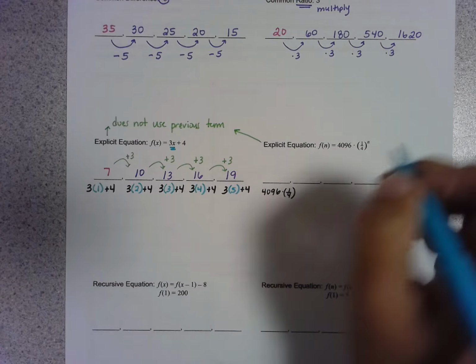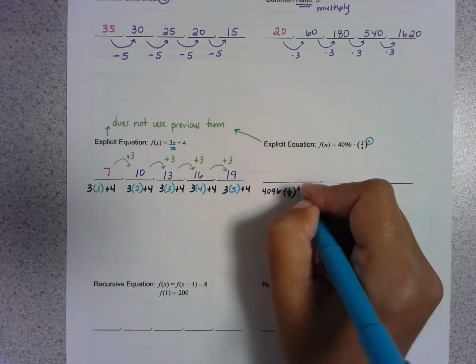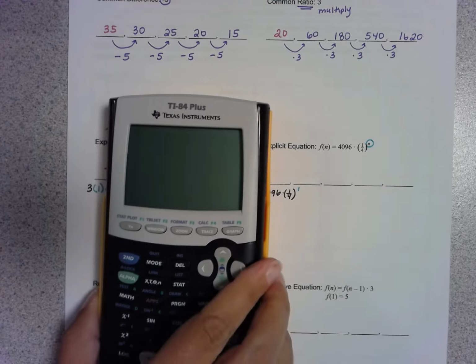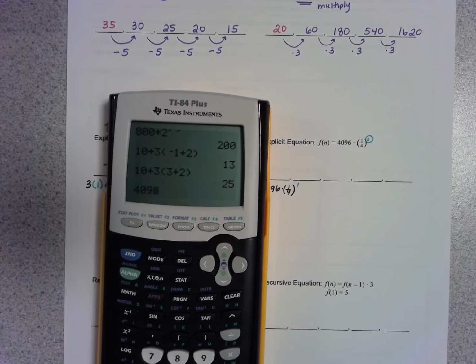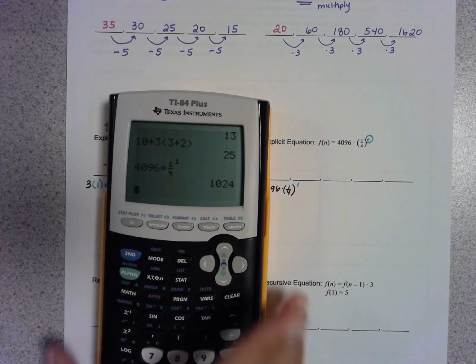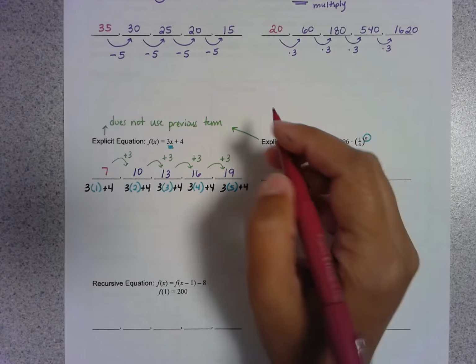And first, I'm going to plug in the number 1 here, which if I type that into my calculator, I'm going to have 4096 times 1/4 to the power of 1, which is 1024. That's my first value.